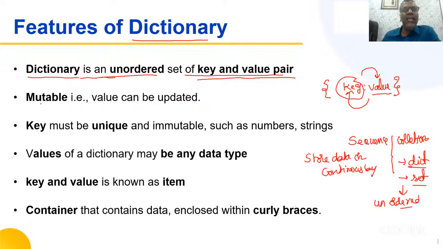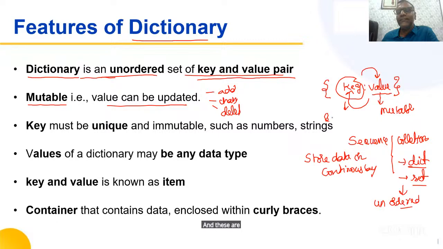Another very important point, which any employer may ask: dictionaries are mutable. What is the meaning of mutable? We can add data, we can change data, and we can delete data. But this happens only for values. Values are mutable and keys are immutable.